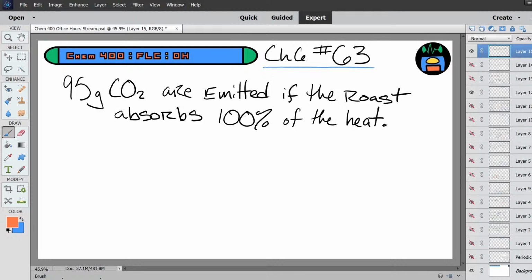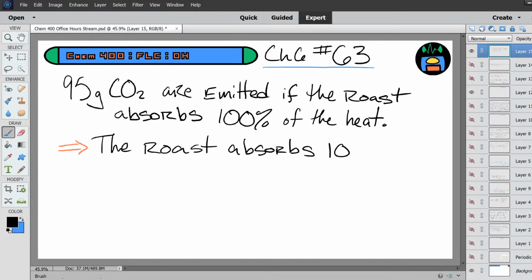We were told in this problem, and I totally missed it at first, that the roast absorbs 10% of the heat.